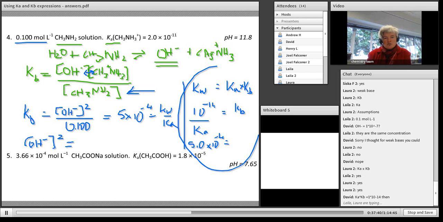So what you would do is you go 5 times 10 to the minus 4 divided by 0.1, so multiplied by 0.1, which makes it 5 times 10 to the minus 5. Okay, and then you would take the square root. And I get 7.07 times 10 to the minus 3.